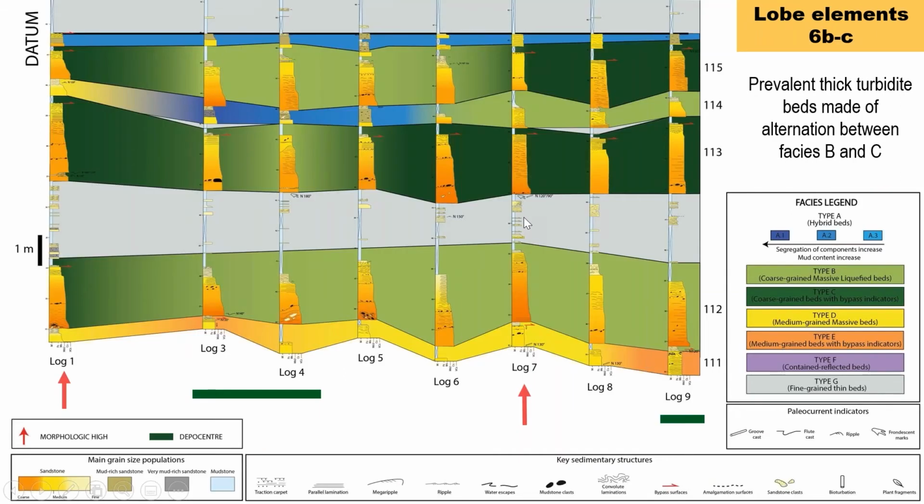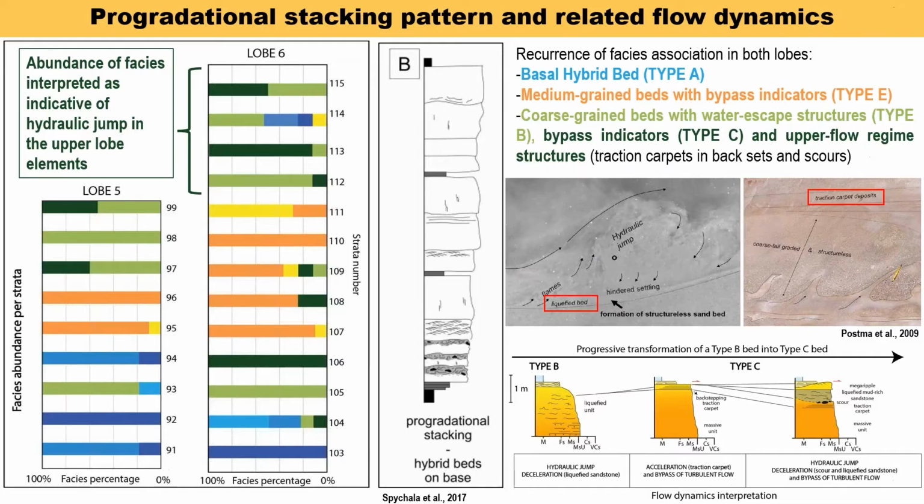This is the last flattening that includes lobe elements B and C, which are again composed prevalently of thick-bedded turbidite made of alternation of facies B and C. So the vertical facies distribution in both the lobes is quite similar and reminds the progradational stacking pattern described by Spychala et al.